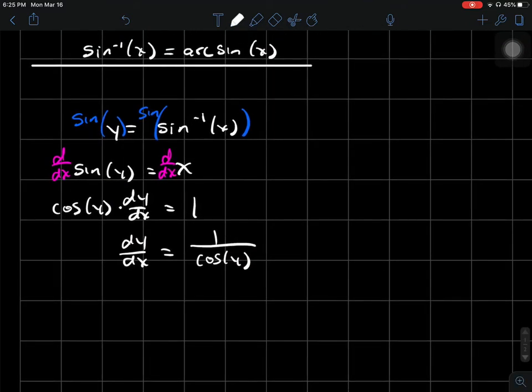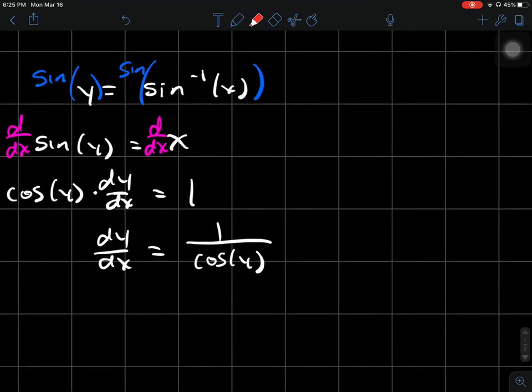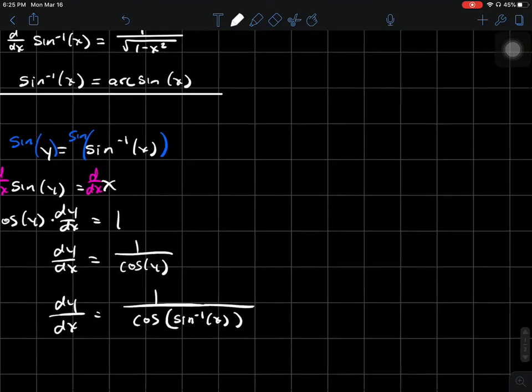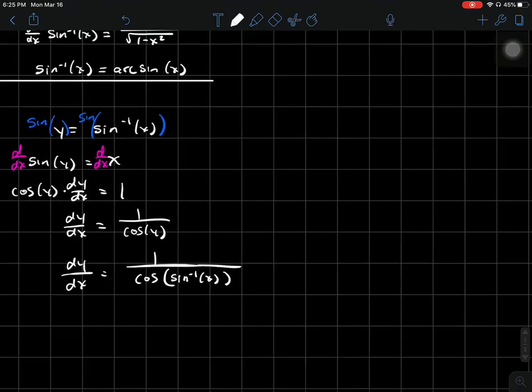So just a reminder that we said here at the beginning that y was equal to sine inverse of x. So I'm going to replace y with sine inverse of x. This too does not look anything like what we are trying to accomplish. This seems counterproductive, but it is productive.